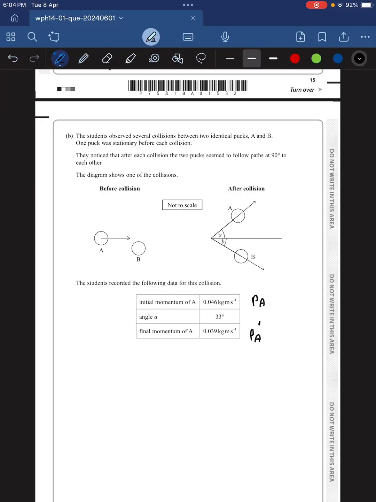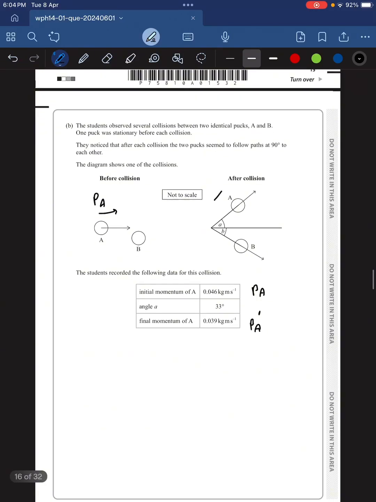So let's write down the momenta before and after. Before we have only PA because B is stationary. And after the collision, we have PA prime and PB prime. I use the prime for the after-the-collision situation.